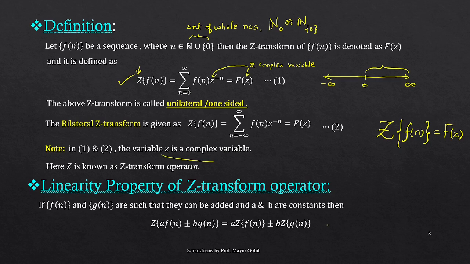If you further simplify, this becomes a times capital F of z plus or minus b times capital G of z.